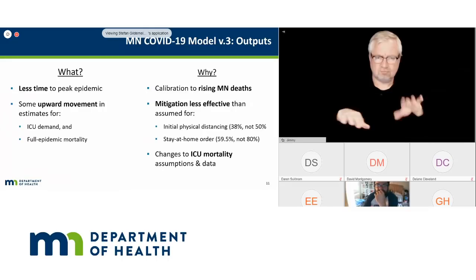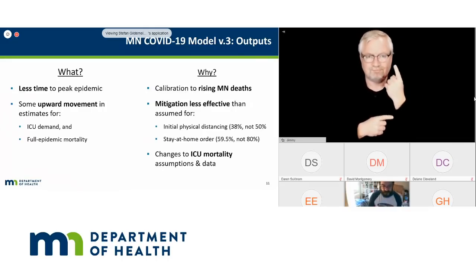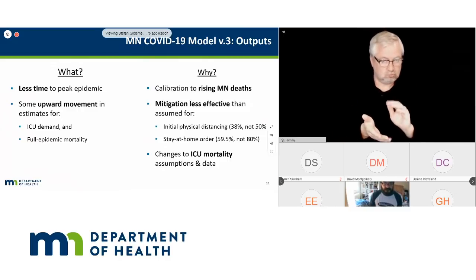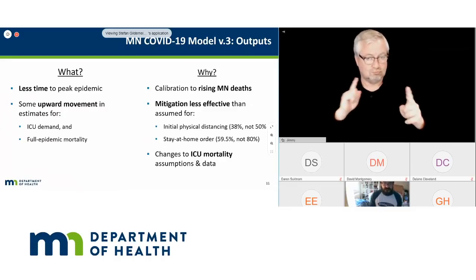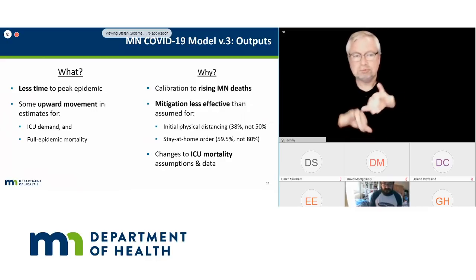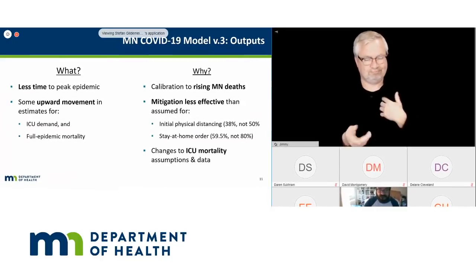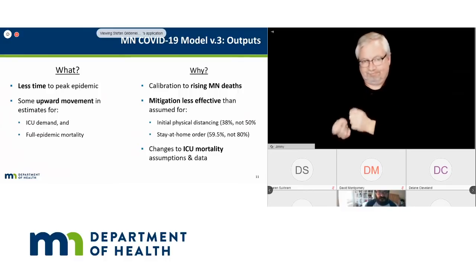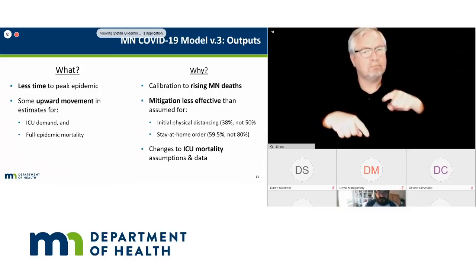So the actual and most likely reduction in contact is lower than what we had assumed: 38% instead of 50% for the initial physical distancing period, and about 60%, not 80%, for the stay-at-home order. We're taking those mitigation effects into the scenario from here on, realizing that those are more reality-based than our initial assumption.